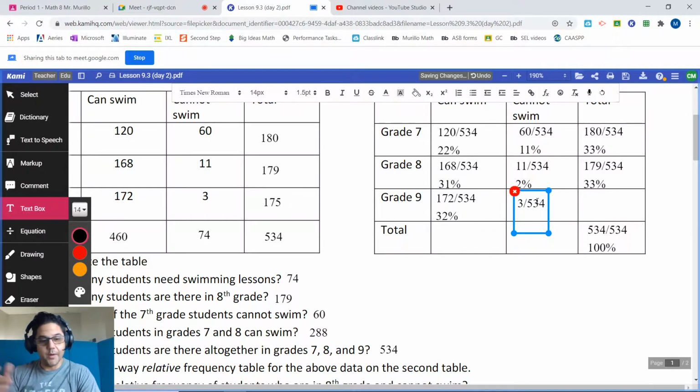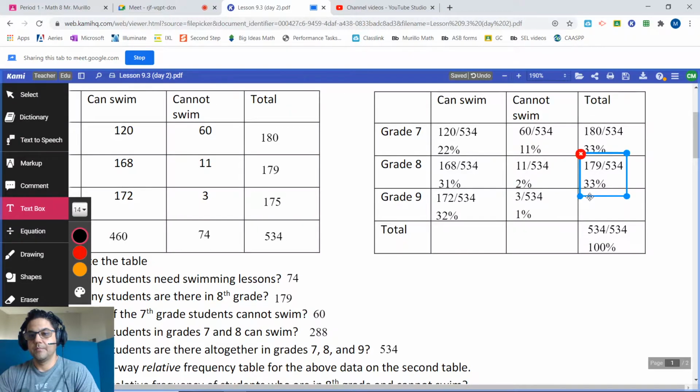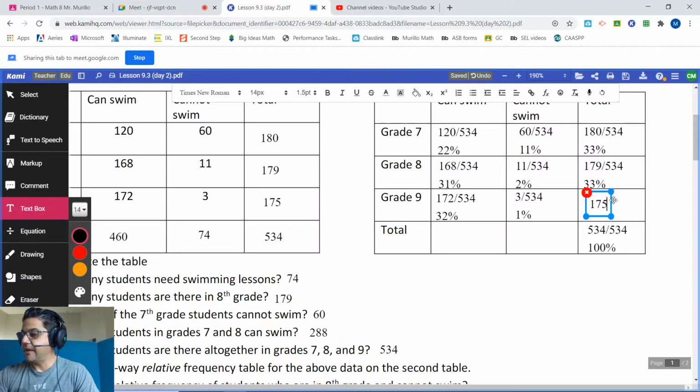And that's about 1% if we're being kind. And then 175 divided by 534.